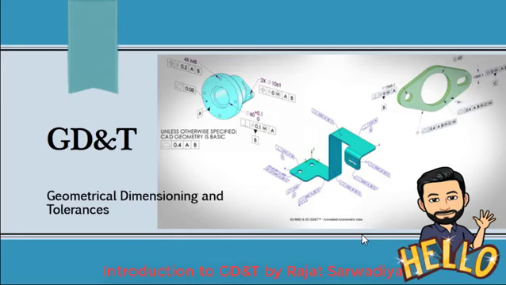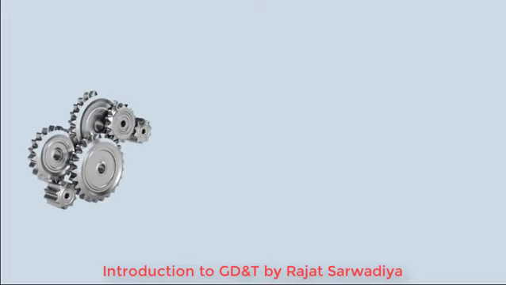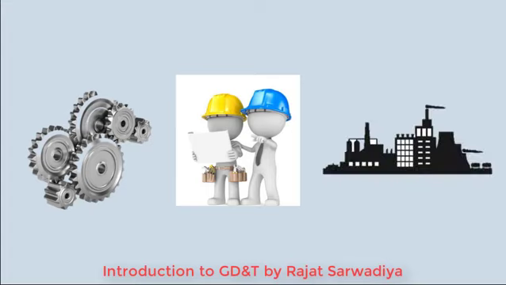before starting anything about the GD&T, I would like to ask some questions. I would like to start from some questions. The first ever question that comes to mind is, are you from the mechanical engineering background, or from the production engineering, or any industrial engineering, automobile engineering, aerospace?